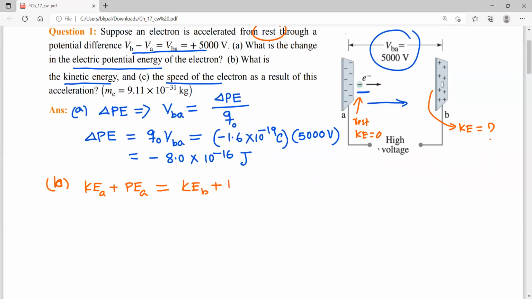For this situation, we can write the conservation of mechanical energy like this. The initial kinetic energy is equal to 0 because the electron is accelerated from rest, meaning the speed is zero. So the only kinetic energy we can have is at position B. If I solve it for kinetic energy at position B, we get something like this.